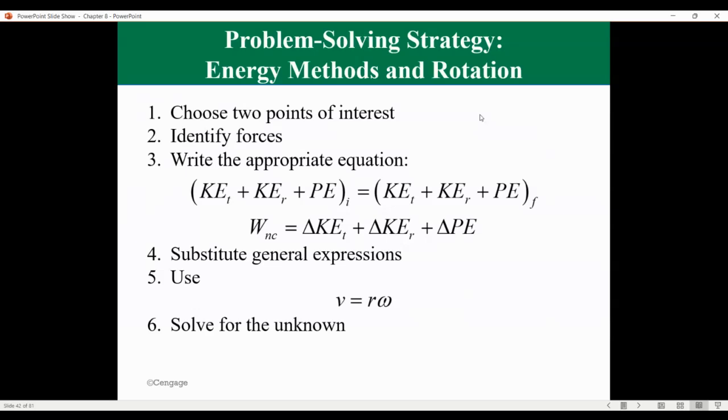So when the body's moving down, particularly if it's rolling, it will possess kinetic energy. This is the same approach we used in the previous one, but what's important is number 5 over there, where you typically have to convert between your linear velocity and your angular velocity, where the radius is the main variable between the two.